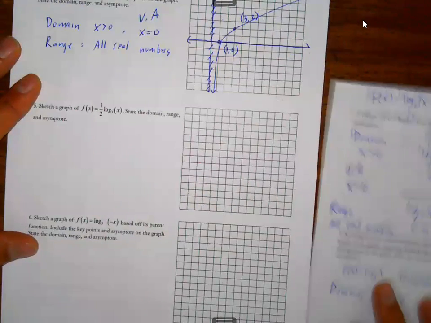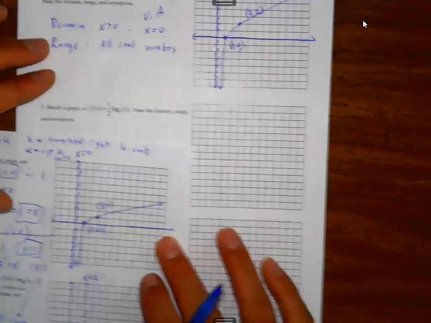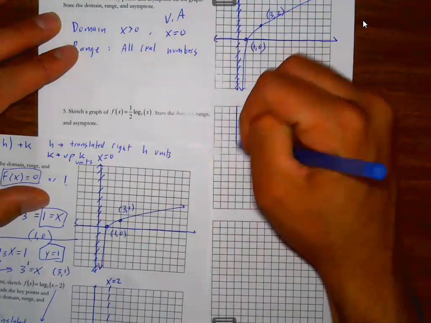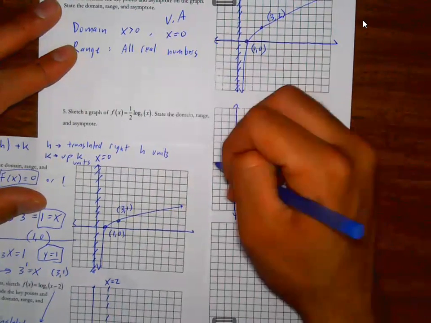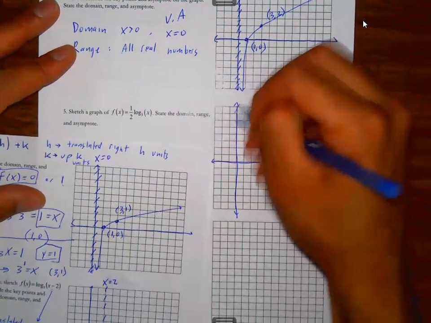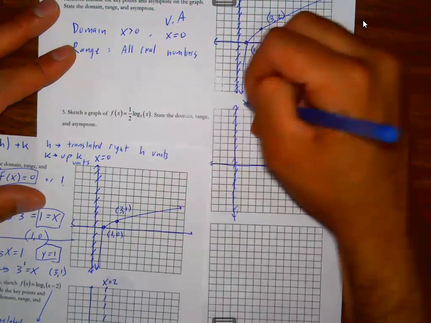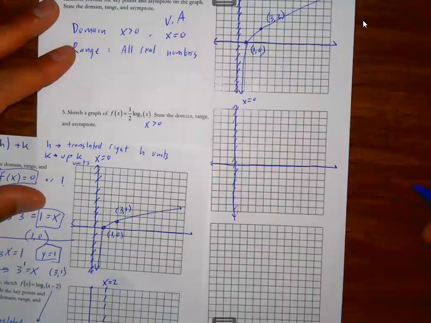All right, so same idea for number 5. That's going to be a vertical compression of 1/2. So if I put the y-axis and the x-axis in the same spots, all right, the vertical asymptote is not going to change because we're still taking the log of x, and whatever we're taking the log of has to be greater than 0.